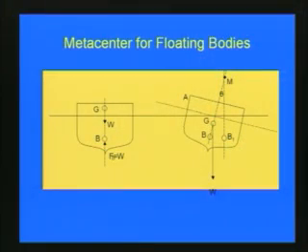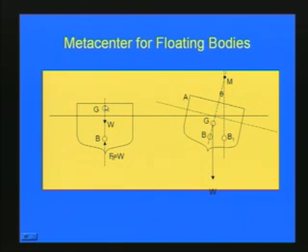Here in this slide you can see a small body or a small vessel in floating condition. The center of gravity of the body is at G here, and since it is partially submerged, the center of buoyancy is at point B in this figure.